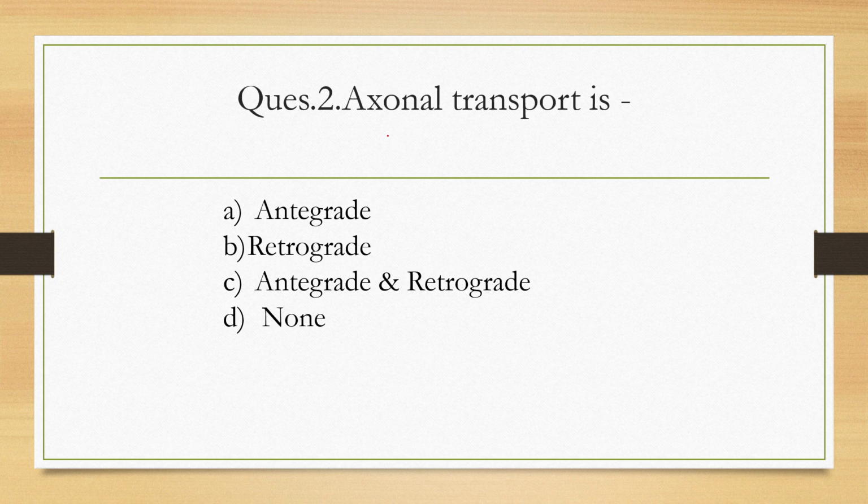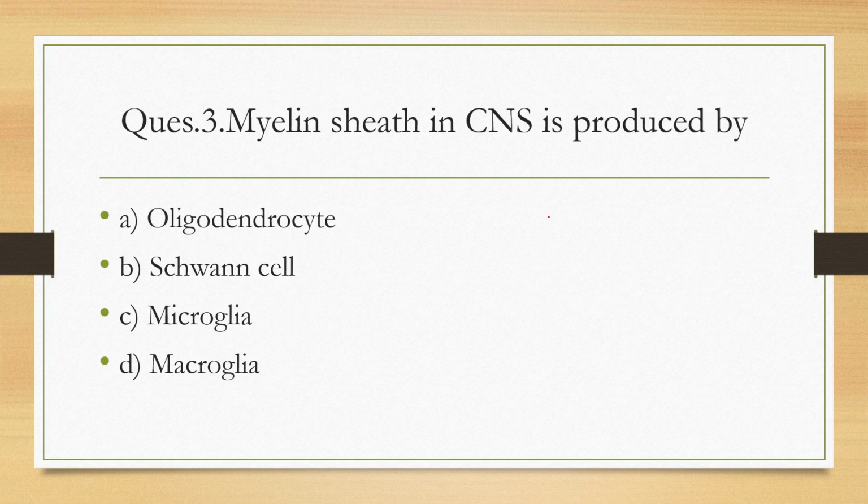Next question: axonal transport is anterograde, retrograde, anterograde and retrograde, or none? From the previous slide, you can now better understand that axonal transport is both anterograde and retrograde transport.